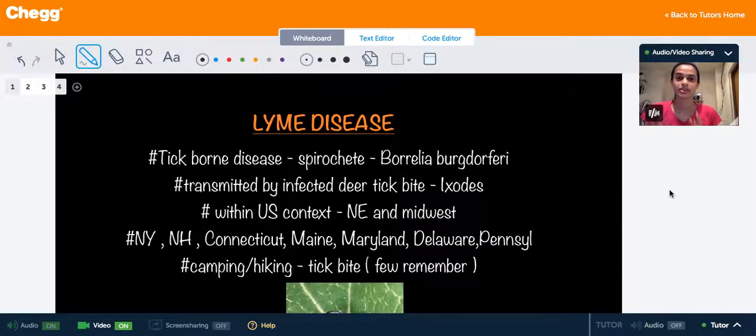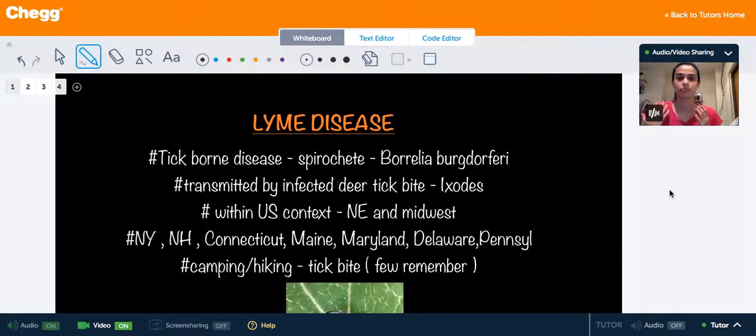Within the context of the US, this disease is mostly found in the Northeast and in the Midwest. Some of the states where this disease is very common are New Hampshire, New York, Connecticut, Delaware, Maryland, Maine. So mainly the Northeast states. In fact, Lyme disease was named after a town in Connecticut called Lyme, Connecticut, where it was first discovered.